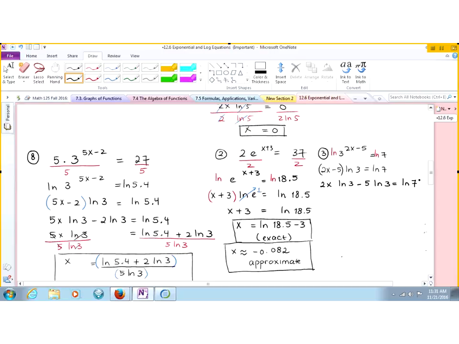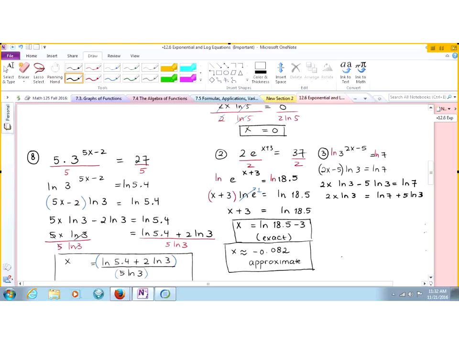We're solving for x, right? So we're going to isolate x. So what am I supposed to do? Yes. So we have to add 5 ln 3 to both sides, or bring it to the other side. So it's ln 7, and it will be plus, isn't it? Plus 5 ln 3.